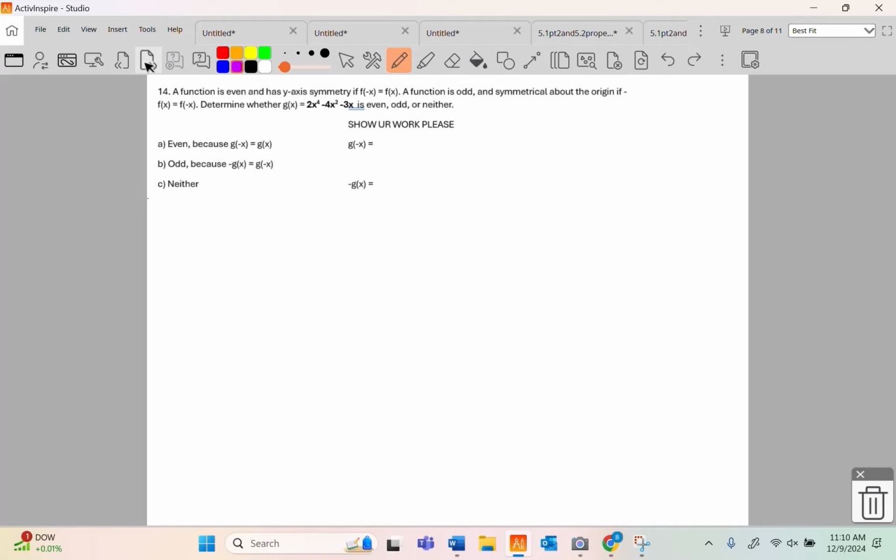All right, even and odd, still an issue. I don't know why, but it is. So you got your rules right here. Let's find g of negative x. It's twice a negative x to the 4th minus 4 times a negative x to the 2nd minus 3 times a negative x.